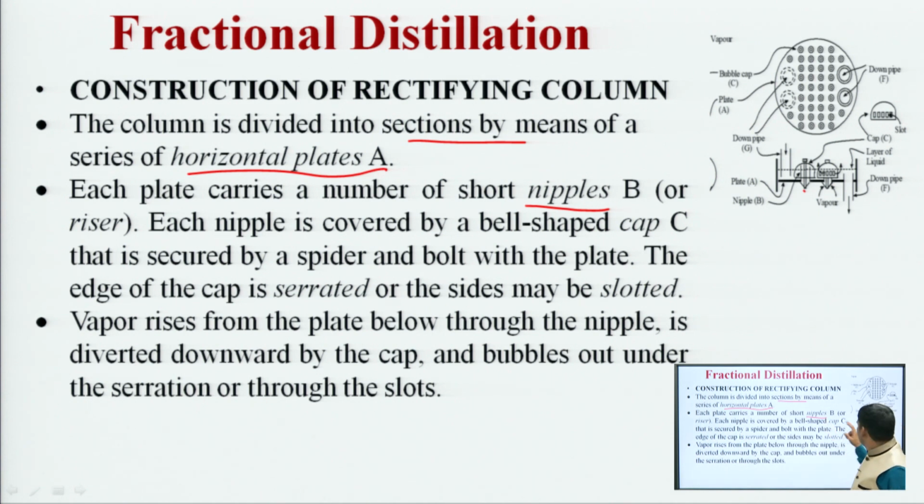On this plate there are nipples, or we can say risers. So, in this diagram this is called as riser or nipple. Each nipple is covered by a bell shaped cap.